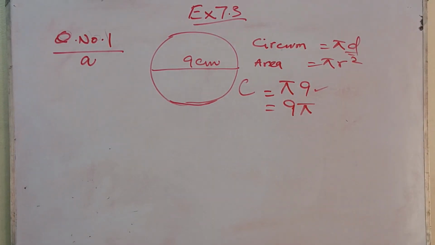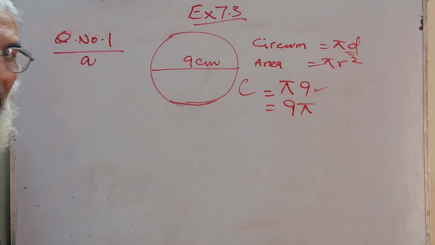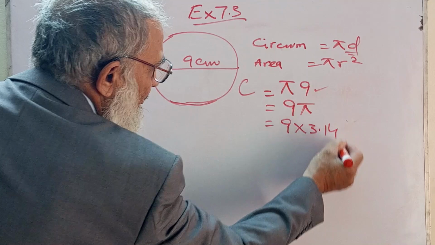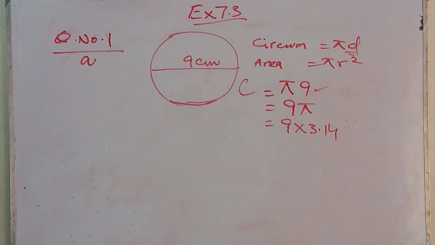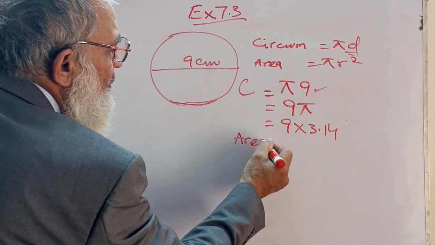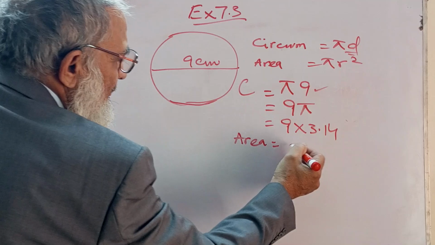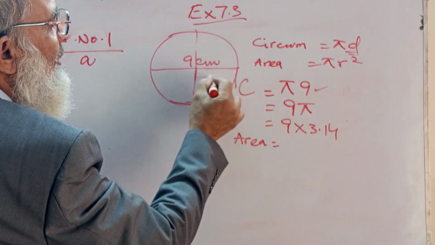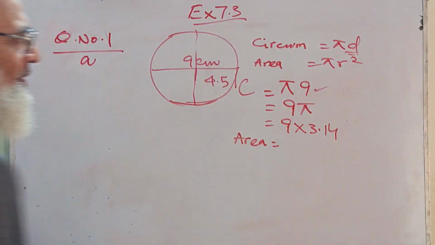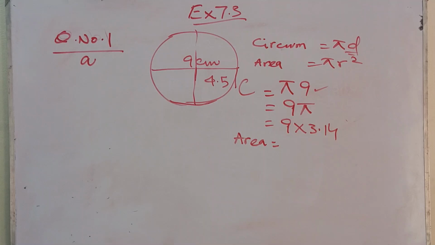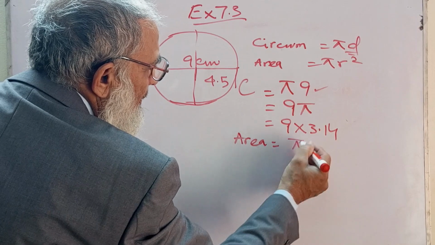And if you want to calculate it, but it has not been asked, you have to multiply it with 3.14. So it will become something like 30. And similarly, the area. Area is equal to pi r square. Now r is 4.5 centimeter, half of the diameter. Half of the diameter is the radius.